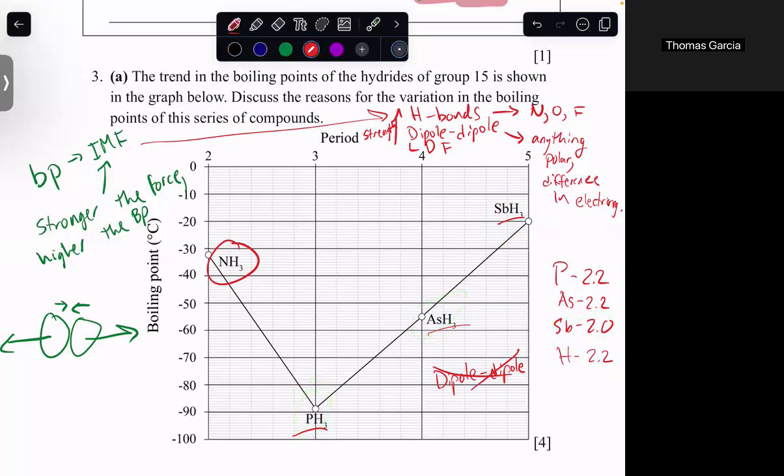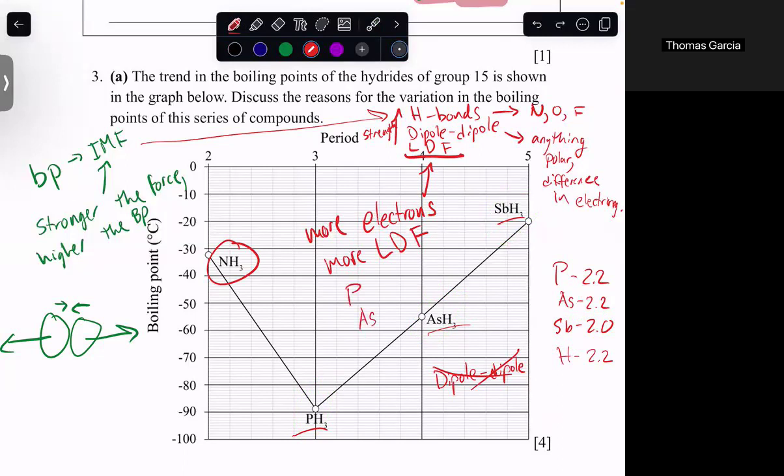The last one is London dispersion forces. London dispersion forces are based on electrons. The more electrons, the more London dispersion forces, the stronger they are. And when we look at the periodic table, we have phosphorus and then below it arsenic and then below it antimony.